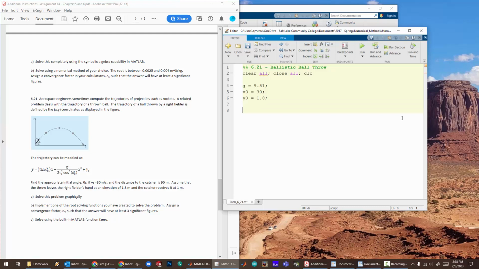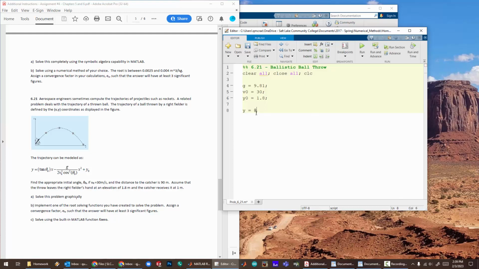What I'm trying to find is theta naught. Those are constants, and X tends to be the variable, so for some X, here's Y. Eventually I'll rewrite this and solve for theta naught, but at first let's just look at what it looks like.